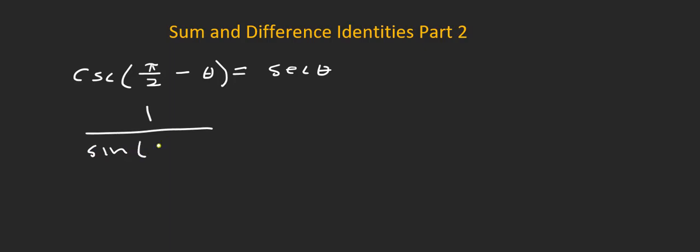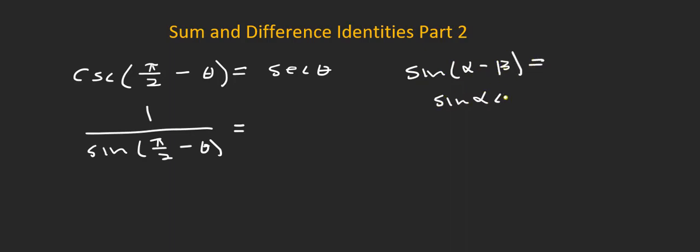So it's going to be 1 over sine quantity pi over 2 minus theta. Okay, now what is sine of quantity alpha minus beta? Well, that's going to be sine of alpha cosine beta minus cosine alpha sine beta.